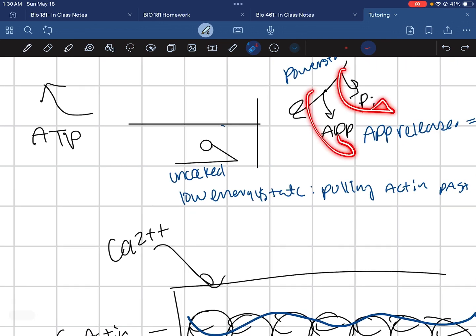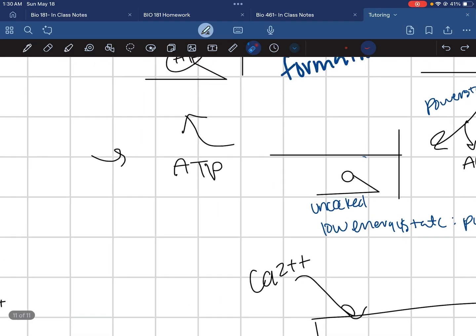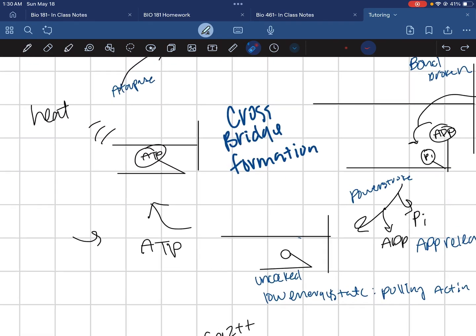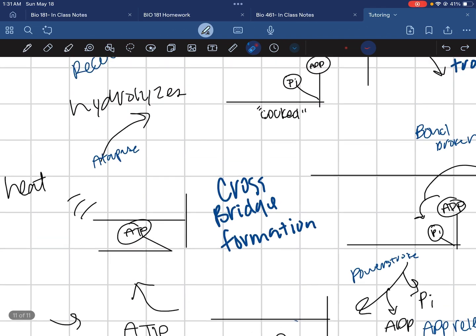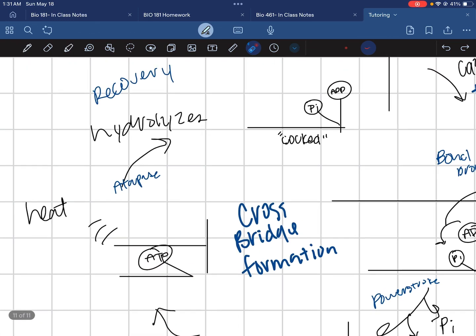So we have ADP and an inorganic phosphate released, which leaves it with nothing attached, and that's what causes it to be in its low energy state, vulnerable and ready for its next step. So releasing the myosin from the actin causes it to go into this recovery stage. So we have ATP coming in, and the creation of this bond is going to release heat.